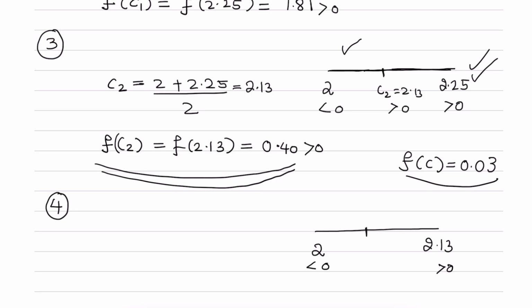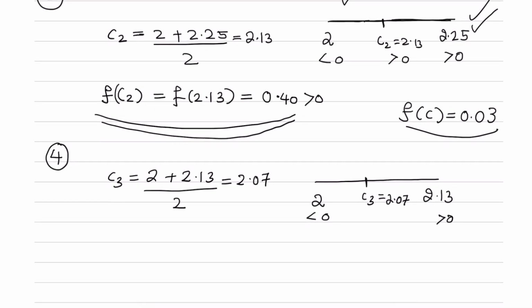And now we will bisect it by finding C3. C3 is 2 plus 2.13. We'll halve it, and you will see that in the calculator you get 2.07.